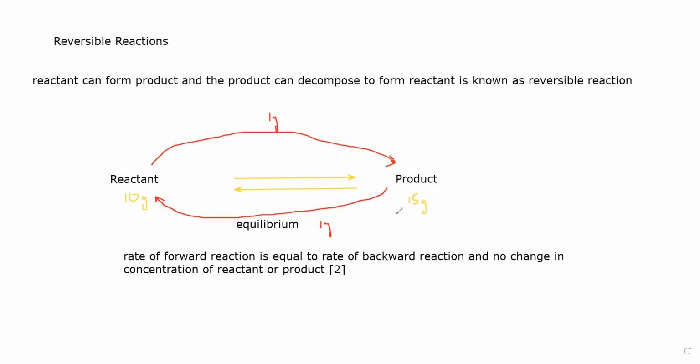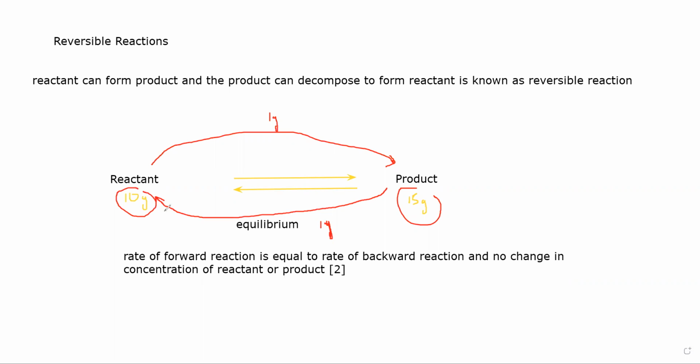Out of 10 gram of a reactant, 1 gram reacted to form a product, and out of 15 gram of a product, at the same time, 1 gram forms back the reactant. So is there any change in the amount of reactant and product? If there is no change, we call this state as equilibrium or balance.